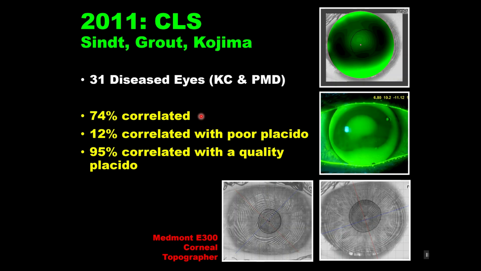Now, interestingly, when you had very poor Placido reflection, when the rings were heavily distorted by scarring as an example, then it was only 12% accurate. But when you had good Placido reflection, when the rings were reflecting very well, it was accurate 95% of the time.